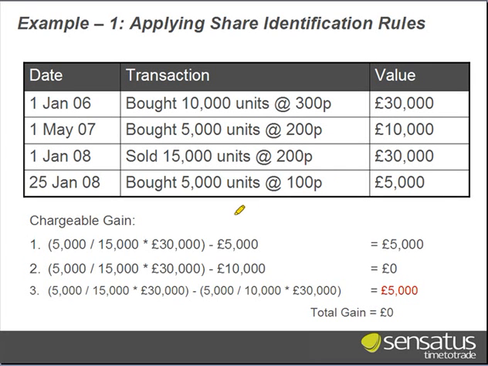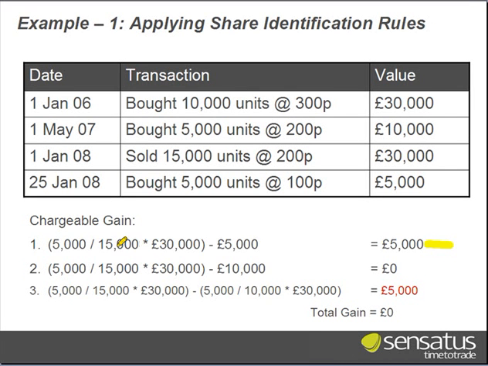However, because of the bed and breakfasting rule, first of all we match 5,000 divided by 15, so you take this total proceeds and you apportion it against the 5,000 units bought on the 25th of January. Then you take away the cost of those units, and you're left with a gain. So basically, the units were bought at 100 pence, they were sold at 200 pence. There was a gain.